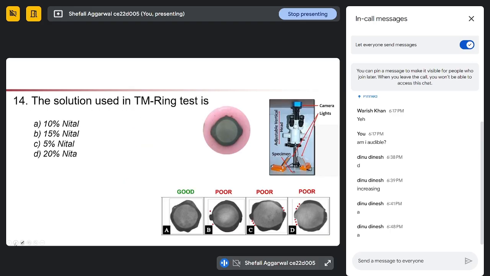So question number 14 is, the solution used in the TM ring test is. We are making a solution and pouring it over the rebar. It is etching our surface. What is that solution called? Nital solution. It is formed with 10%, 15%, 5% or 20%. I forgot to write that.